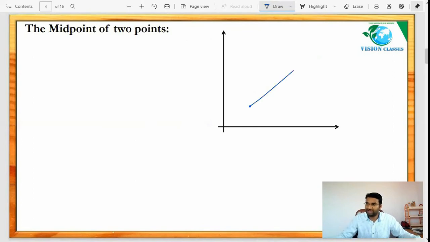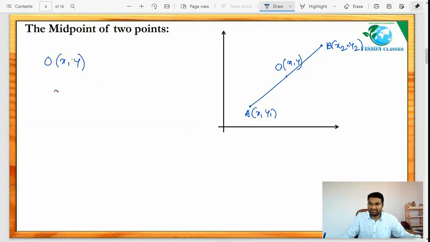Next, the midpoint of two points. Let's say again A is x1 comma y1 and B is x2 comma y2. If you want to find the midpoint, let's say O, we'll find the x comma y coordinates of O. So x is equal to x1 plus x2 divided by 2, and y is equal to y1 plus y2 divided by 2.